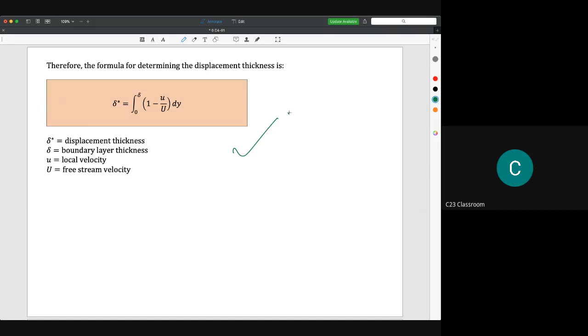And the terms are shown in this slide: delta star is the displacement thickness, delta is the boundary layer thickness, u is the local velocity, and capital U here is the free stream velocity.